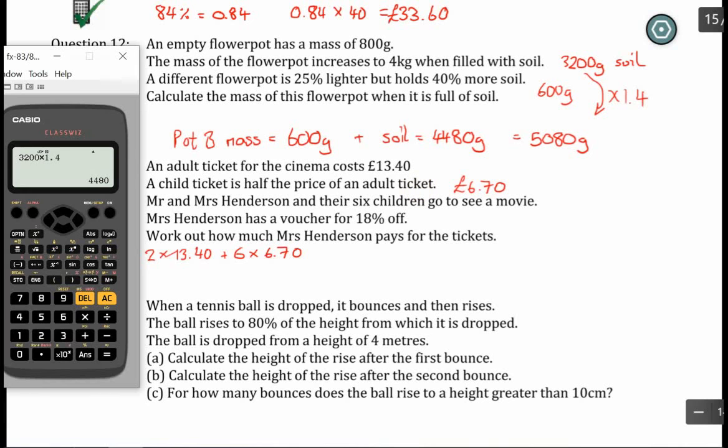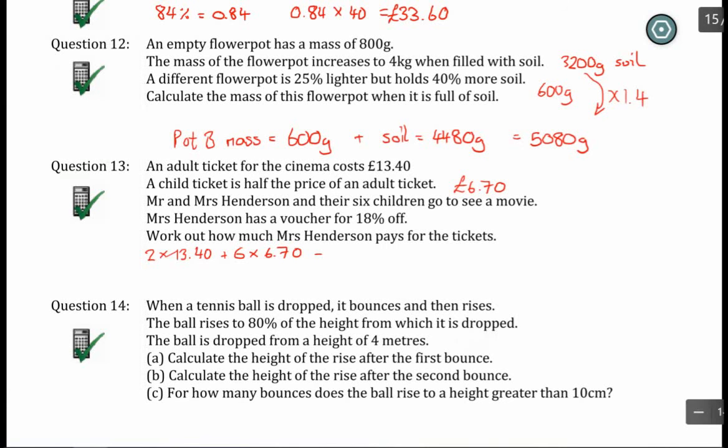Thankfully, this is a calculator question. The price would have come to £67, but Mrs. Henderson has a voucher for 18% off, so I need to decrease this by 18%. You can either do that for the price of each ticket and then add it all together, or you could just do it to the total.